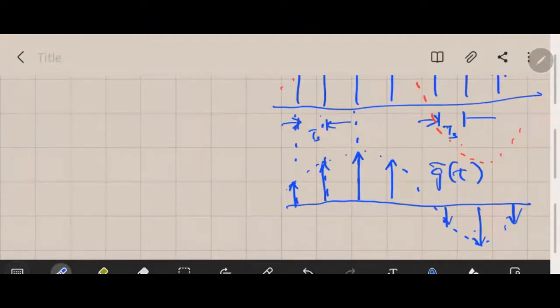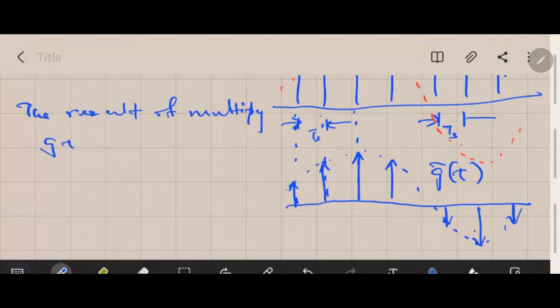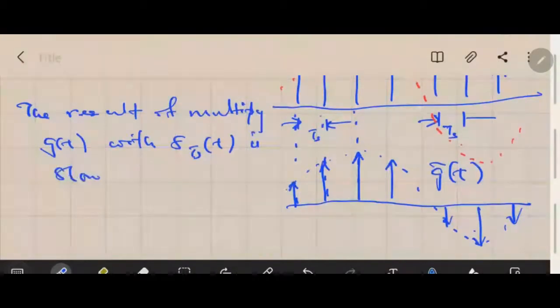So let me write that also here. The result of multiplying g of t with your delta ts of t is shown here.